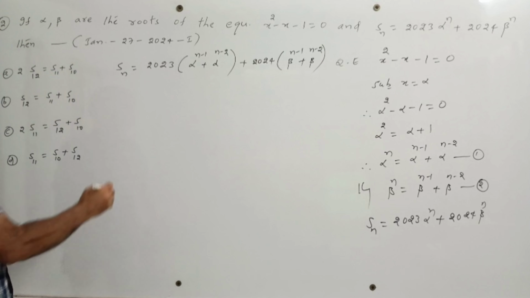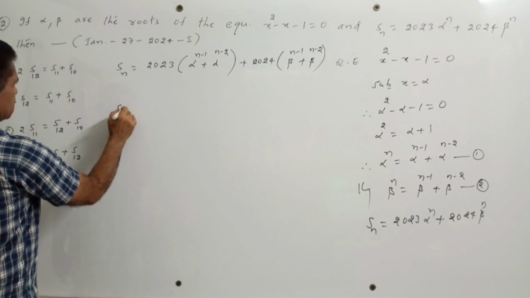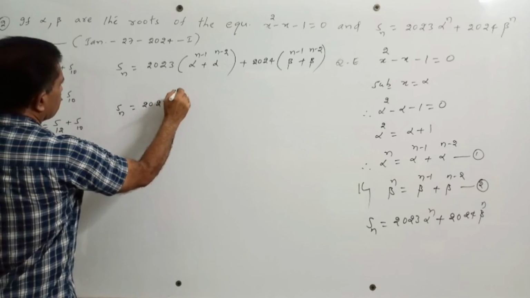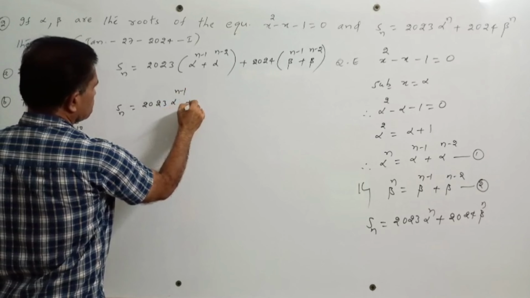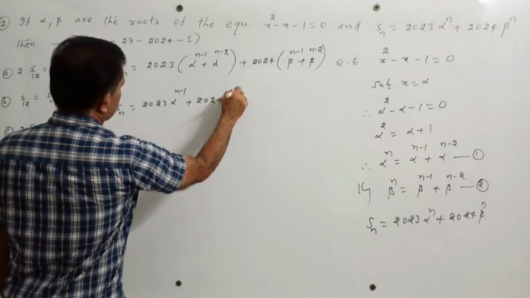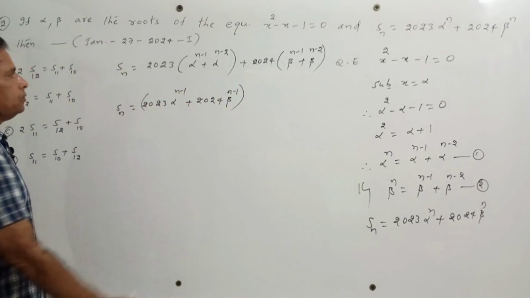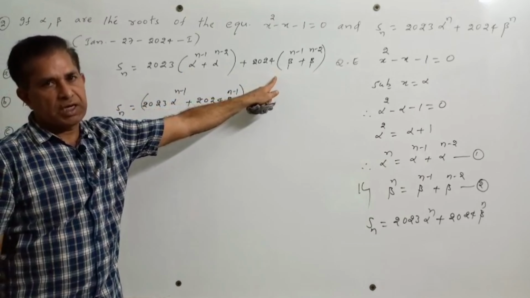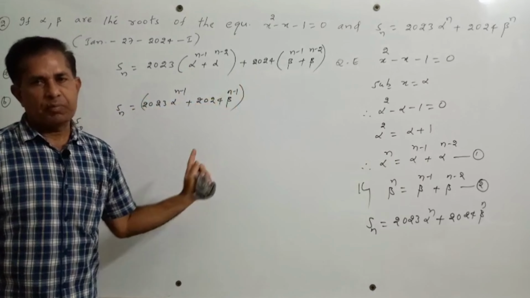So let us rearrange terms. Sn is equal to 2023 alpha to the power of n minus 1 plus 2024 beta to the power of n minus 1. First term in the first bracket, first term in the second bracket, they were kept in one bracket.